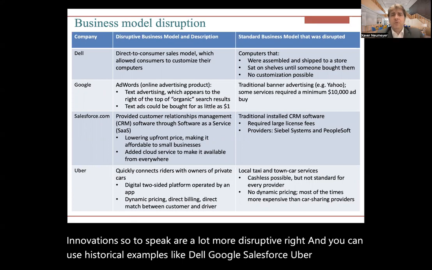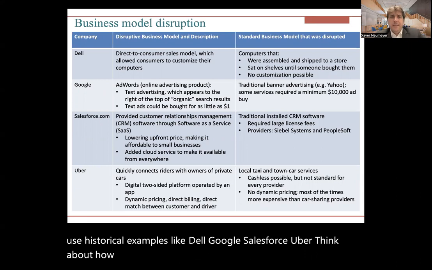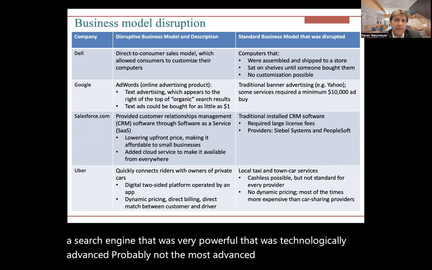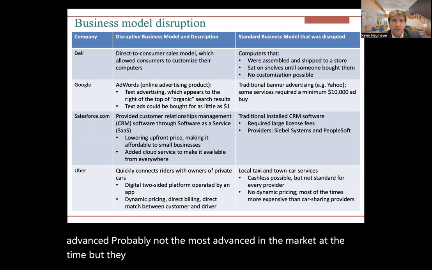Think about how Google has revolutionized the ad market. Yes, they built a search engine that was very powerful and technologically advanced, probably not the most advanced in the market at the time, but they had a great intuition of how they were going to monetize it, right?